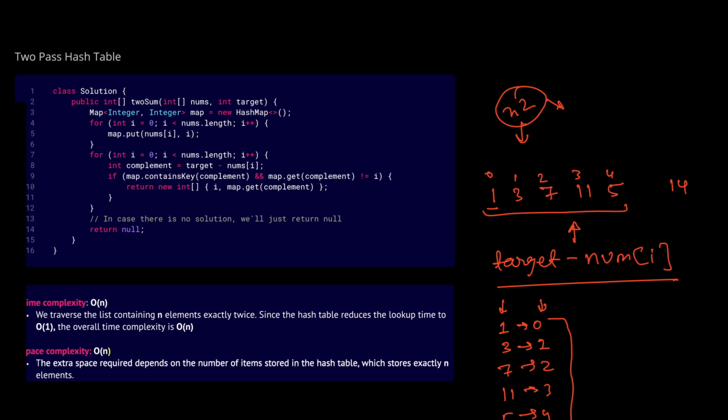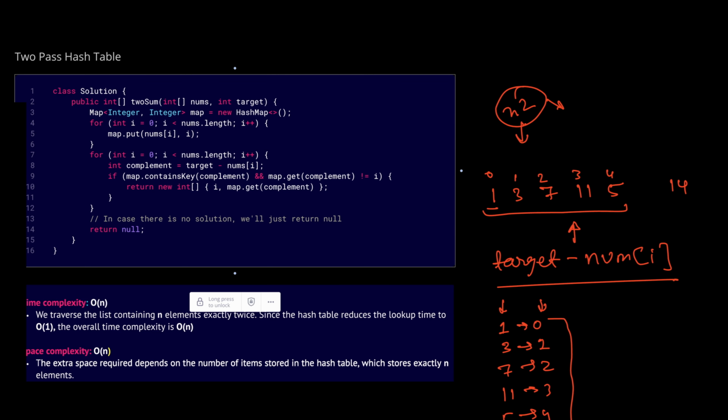Now with just one for loop, we will go from i equals 0 to the length of nums, and we can check whether the map contains the complement, which is target minus nums[i].